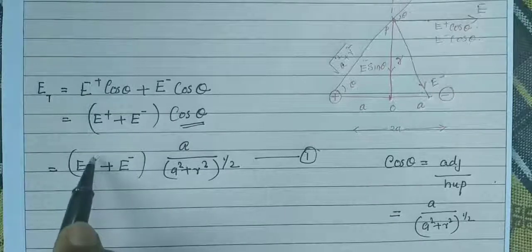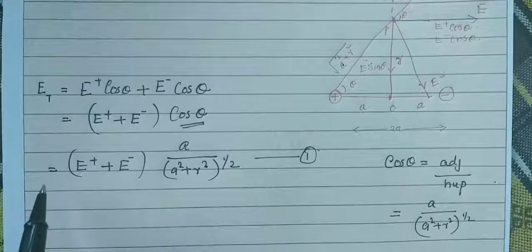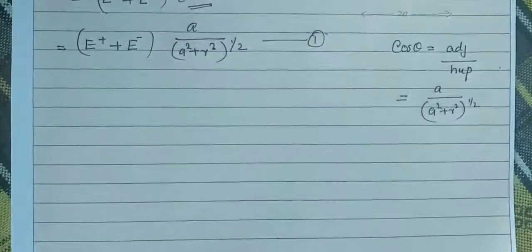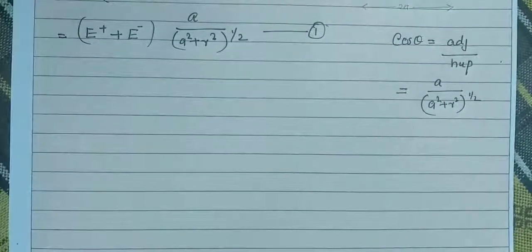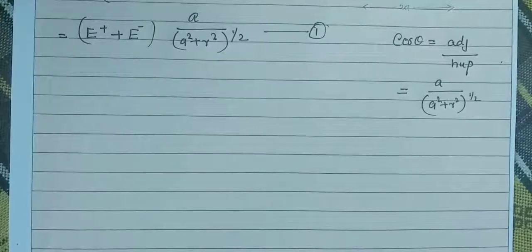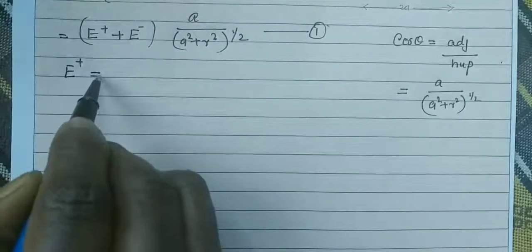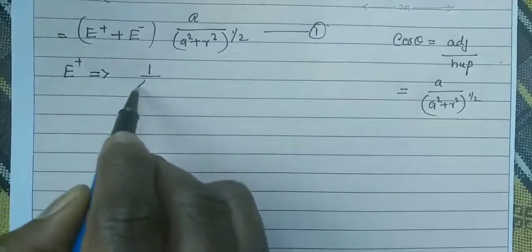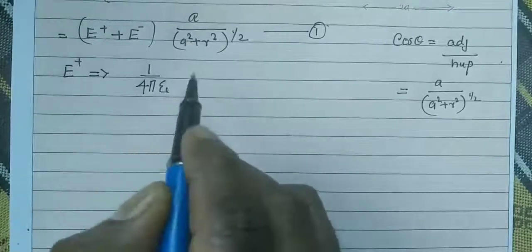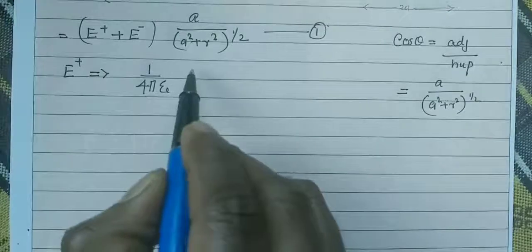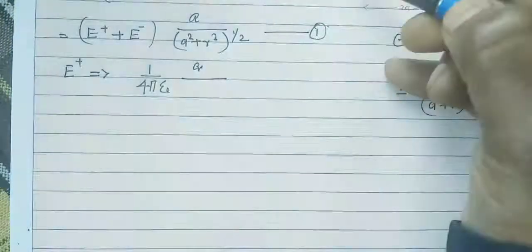Now E plus and E minus are the two electric fields due to positive charge and negative charge. So we have to write separately what is E plus and E minus. Fortunately, E plus and E minus will have the same magnitude. Very simple. E plus is the electric field due to positive charge. You already know, which is 1 by 4 pi epsilon 0, that is the Coulomb constant, you can write K also, into Q divided by r square.